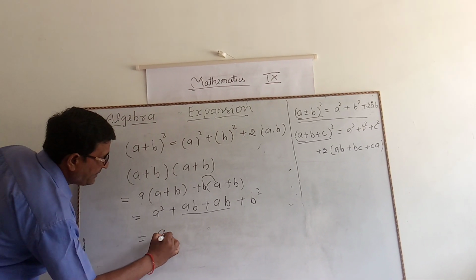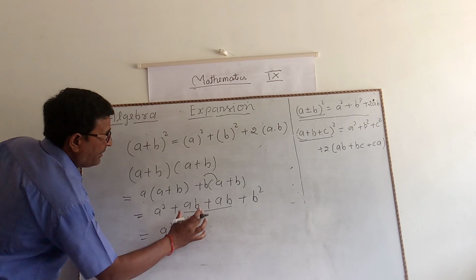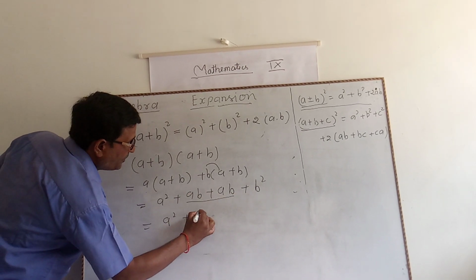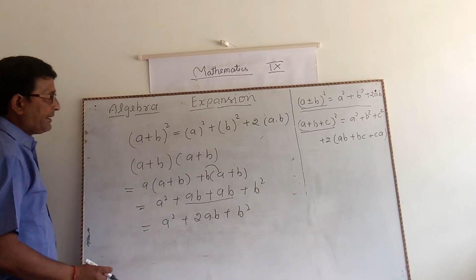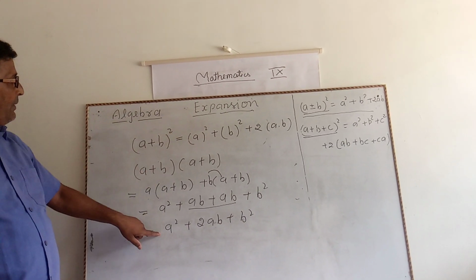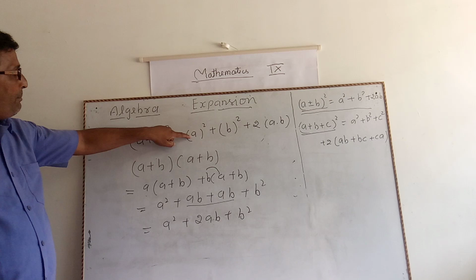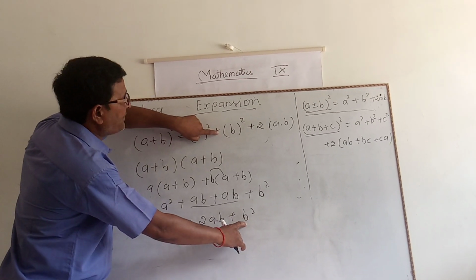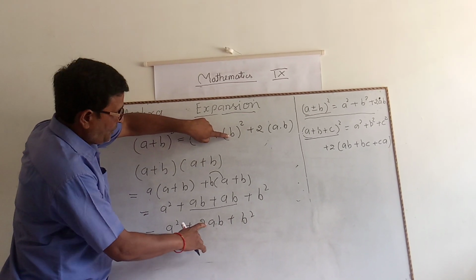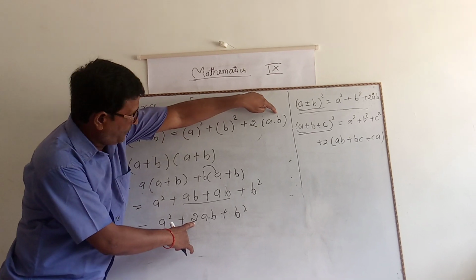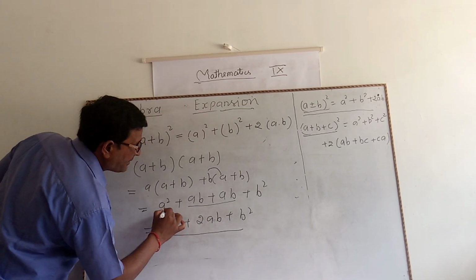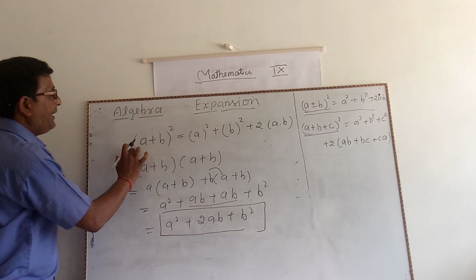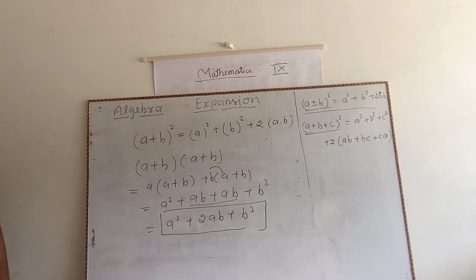It means a square plus 2ab plus b square. That is your result: square of the first term plus square of the second term plus 2 into first term into second term. This identity we use for the expansion of a plus b whole square.